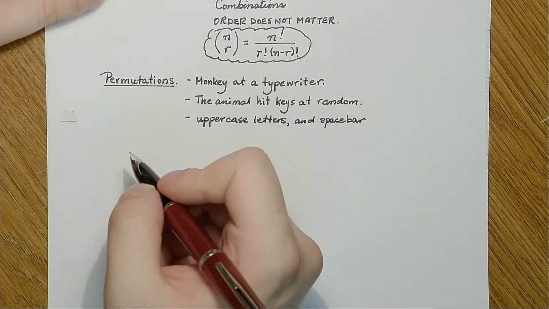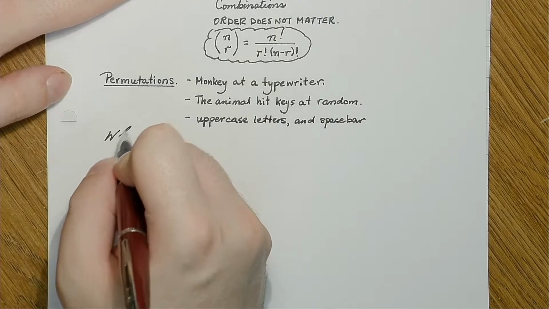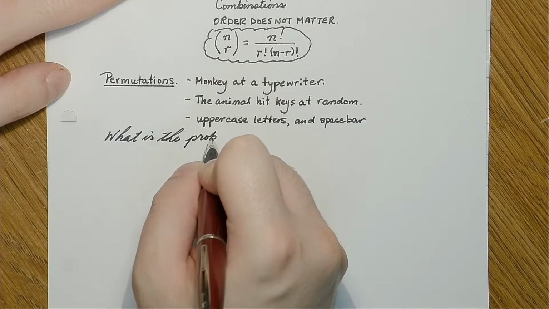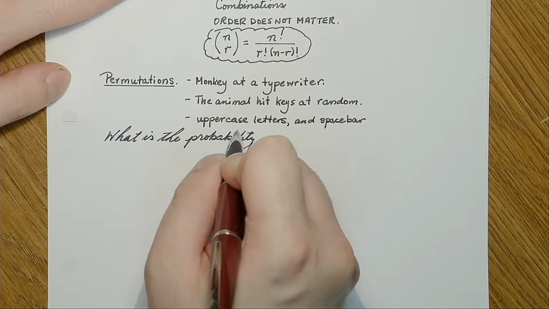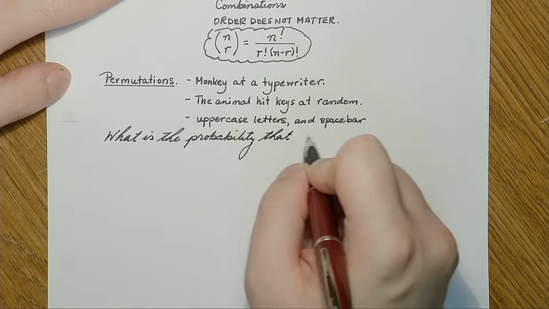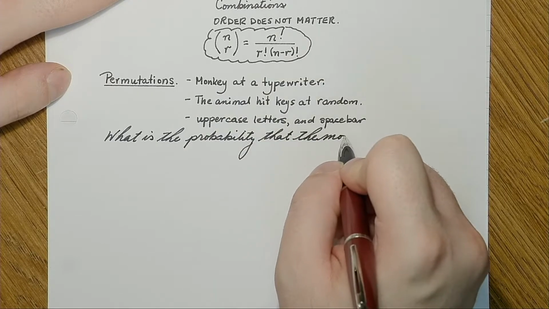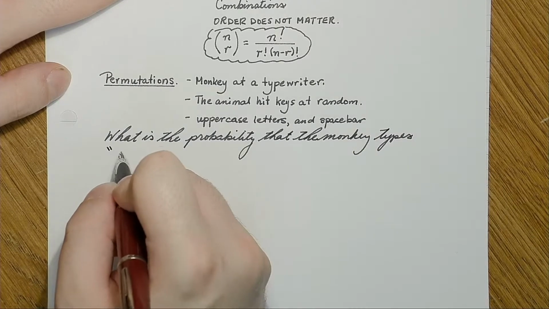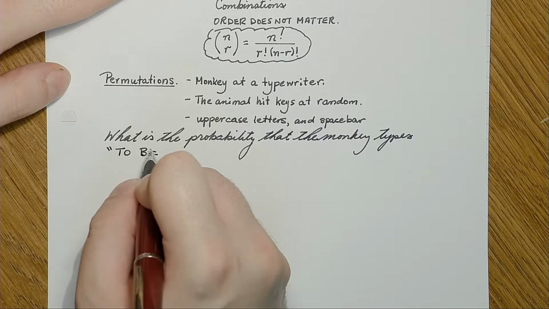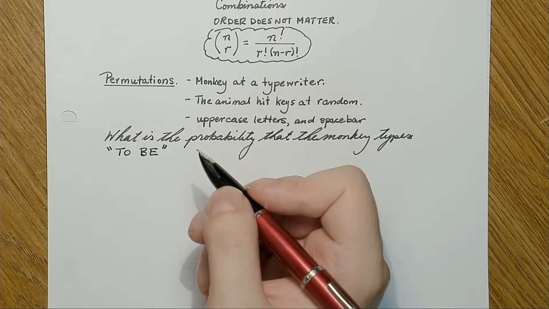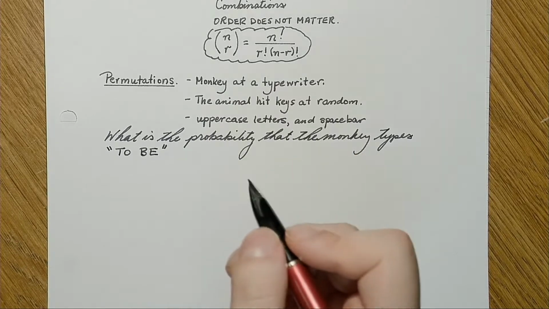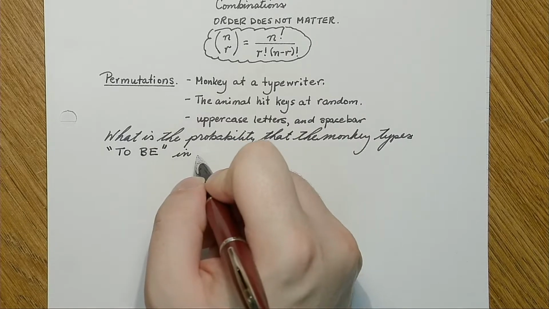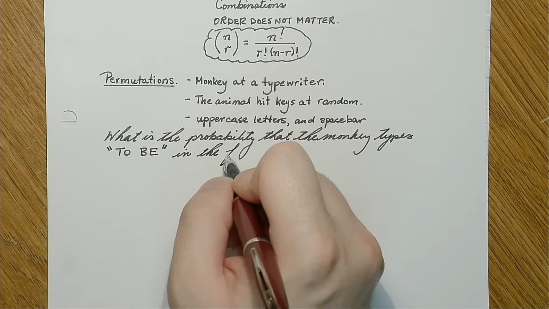So then the question can be, what's the probability that the monkey types, I guess, the first two words of that famous soliloquy, "to be," in the first 5 characters.